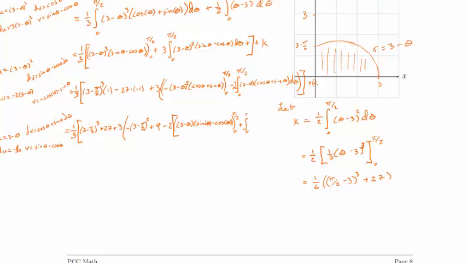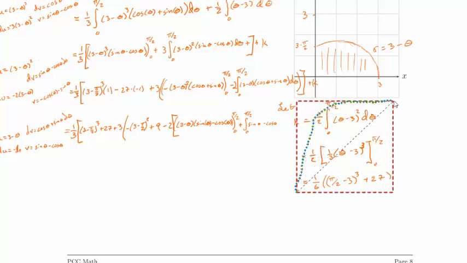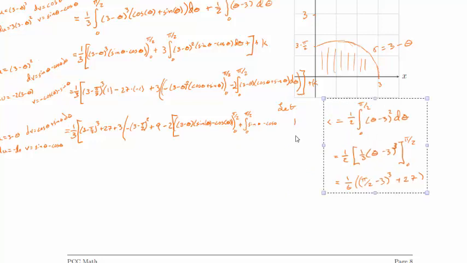The integral from 0 to pi over 2 of sine of theta minus cosine of theta d theta. And then we get to close the bracket and the parentheses and the bracket and then put plus k.